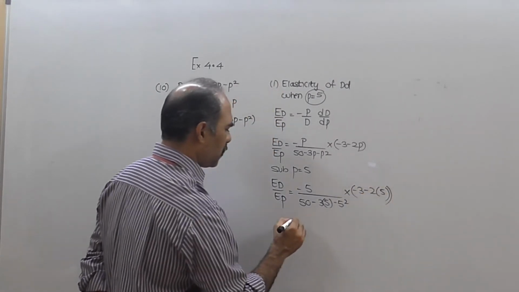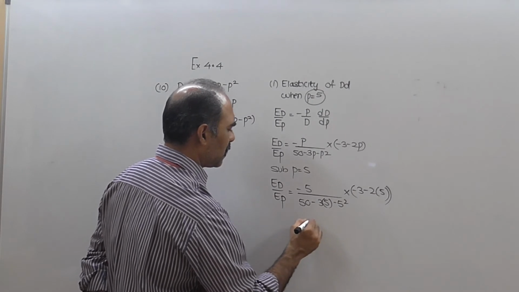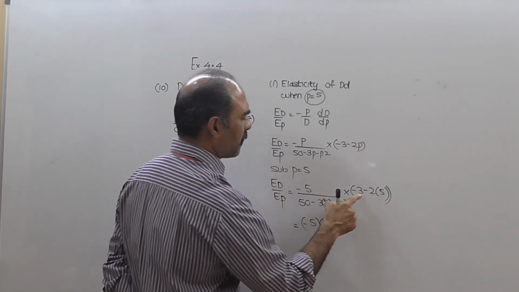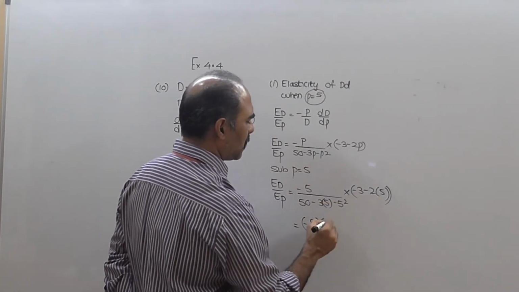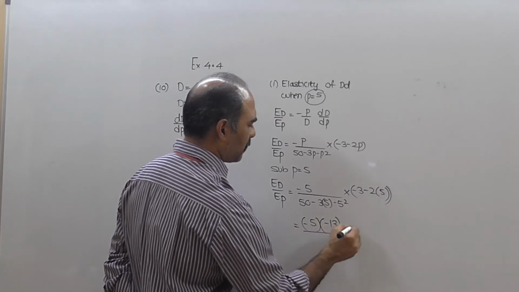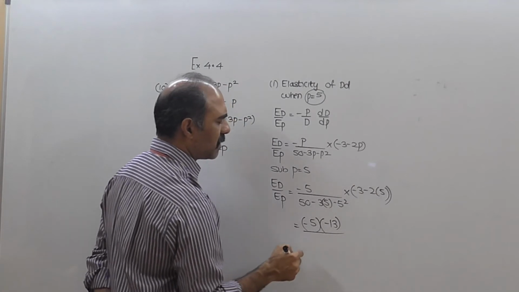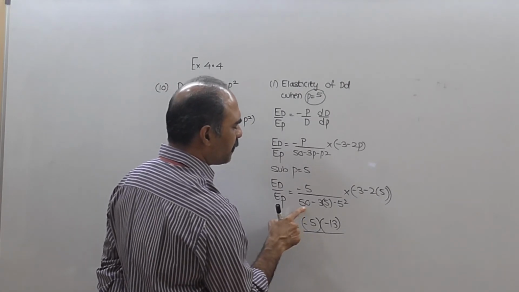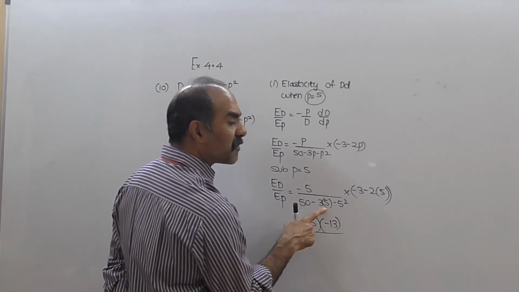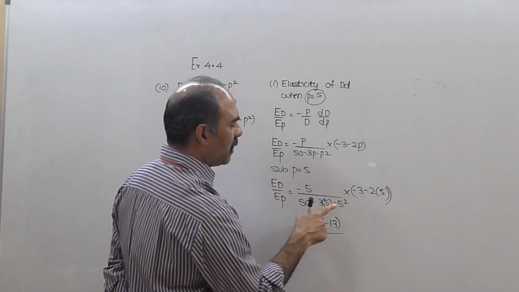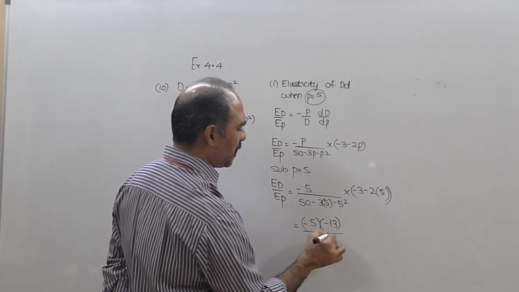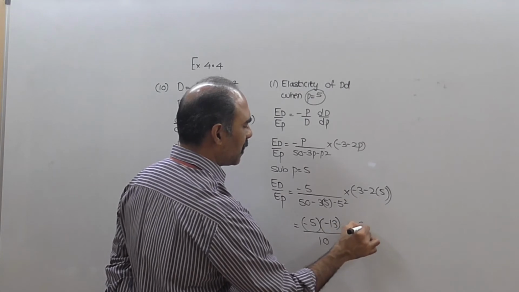Okay, so you get this as minus 5. I think this is minus 13, because this is minus 10 minus 3 is minus 13. This is 50 minus 15, 35. 35 minus 25 is 10. I think the answer will be 6.5.